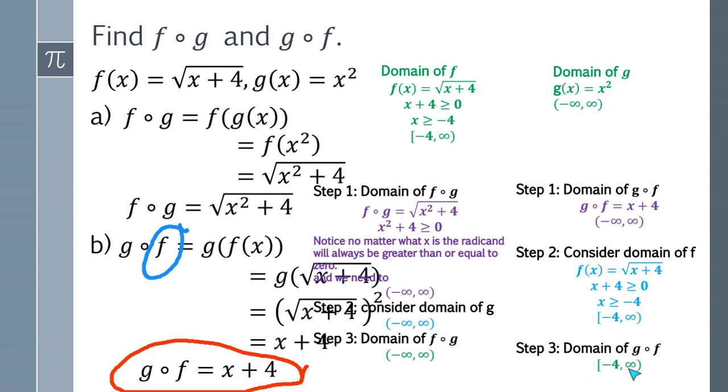Okay, so you might be asking yourself, why does it come out this way? Well, let me give you an example. Let's say I asked you to find g composed of f of negative 5.